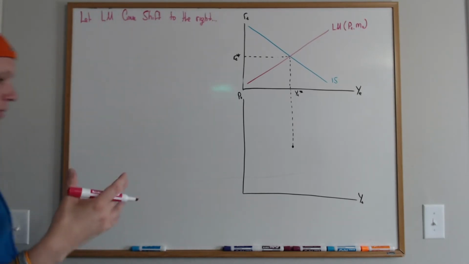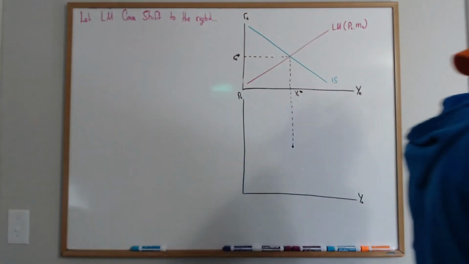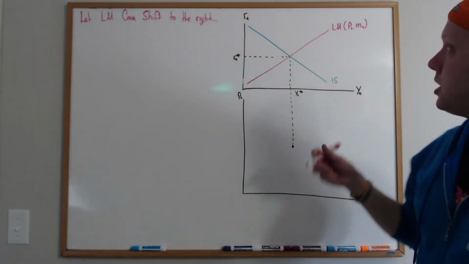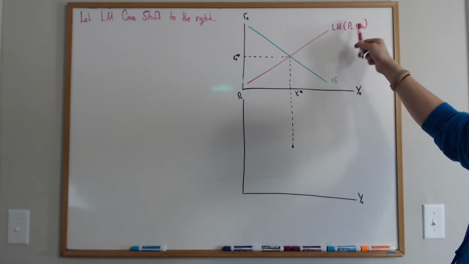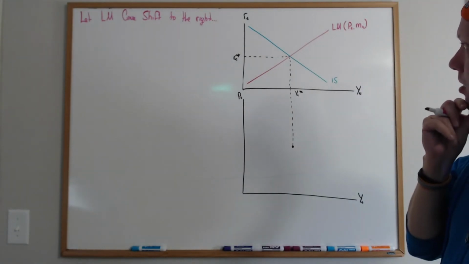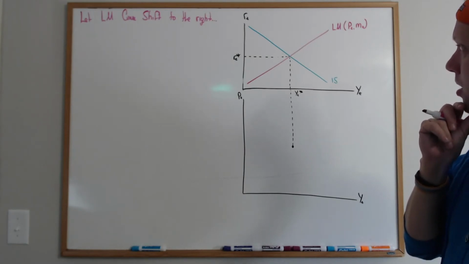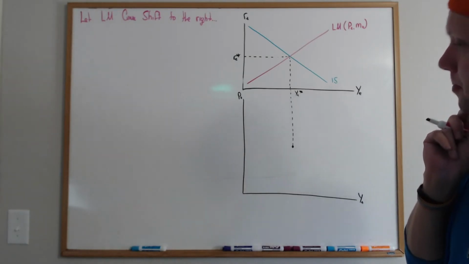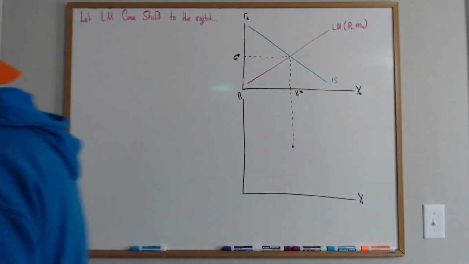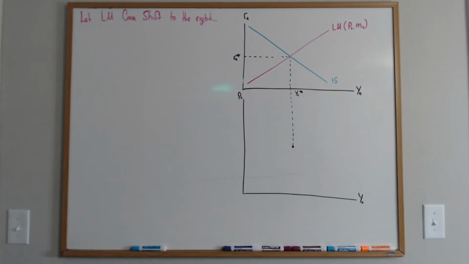Now if it shifts to the right, we're going to want it to shift via a change in something either in the price level or the money supply. But what we're going to want is something that will allow us to trace an existing point on this aggregate demand curve. Meaning we need something that aggregate demand is a function of that's showing up in LM.